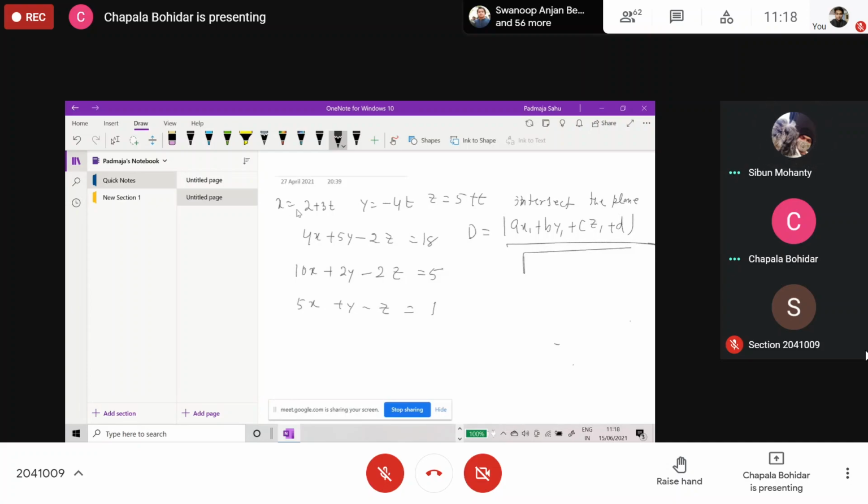The components of the normal vectors are 10, 2, minus 2 and 5, 1, minus 1.